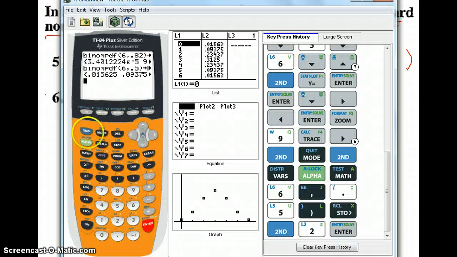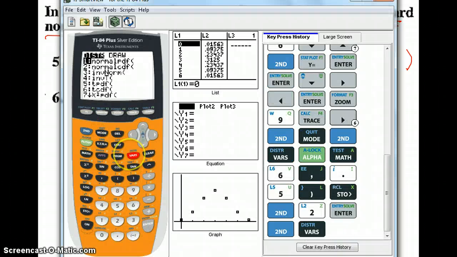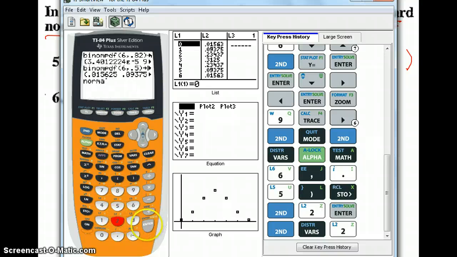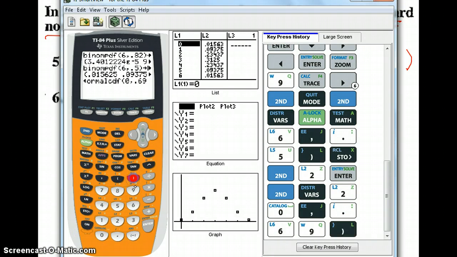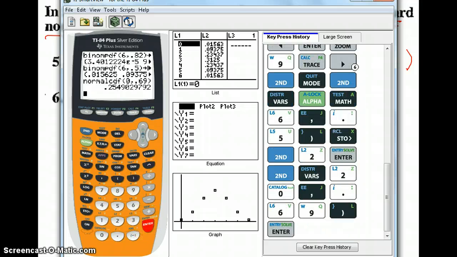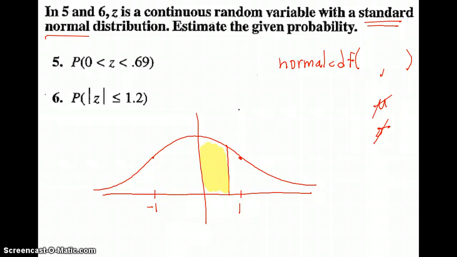We just have to go there, go normal CDF, and we're just going from 0 to what they gave us as an upper limit, and I don't have to put anything else in. That's it, and it's about 25.5%. They want that as a percent. Probability, and you could put this as a percent, or you could just put it as a decimal. I don't really care.